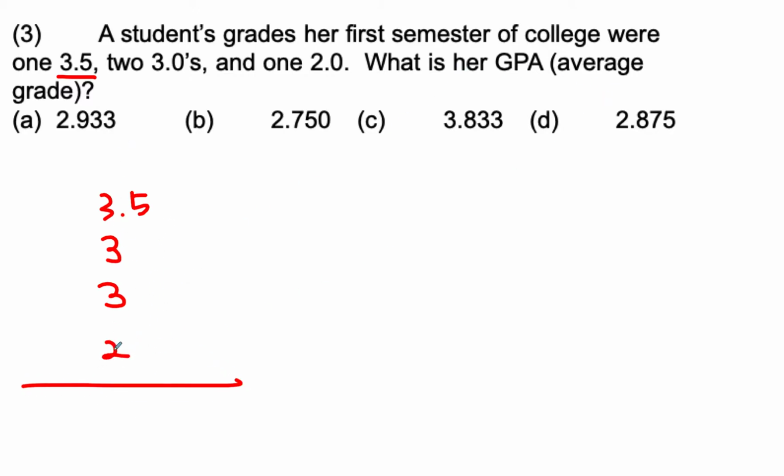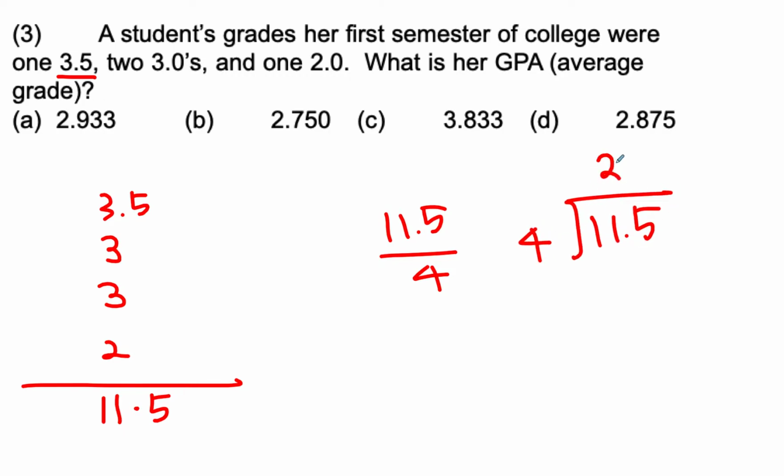When I add them up, we get 11.5. We want to take the average of that, so we're going to divide 11.5 by 4. What do we end up getting, guys?